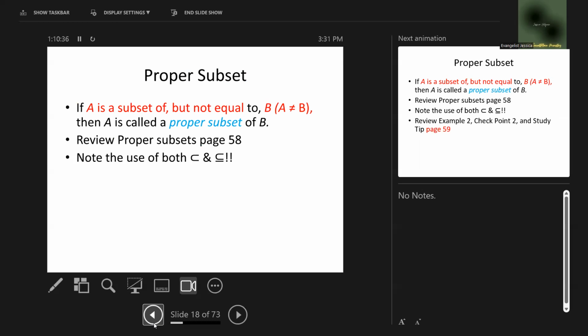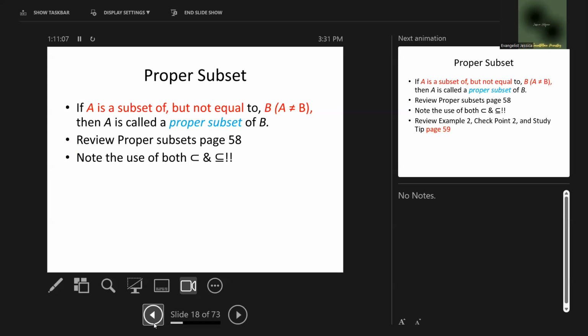Review it. Okay, it says set A is a proper subset of set B, expressed with that sign without a bar, if set A is a subset of set B and sets A and B are not equal. For example, use the example below it. Set A has members 1 and 3.